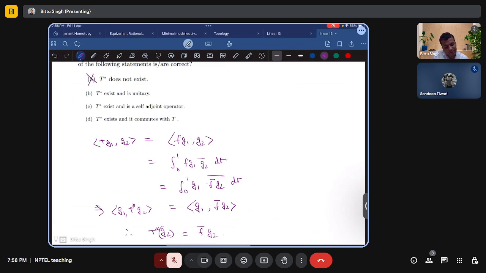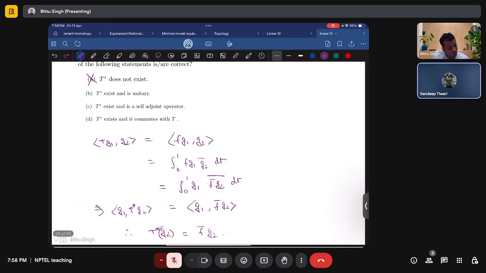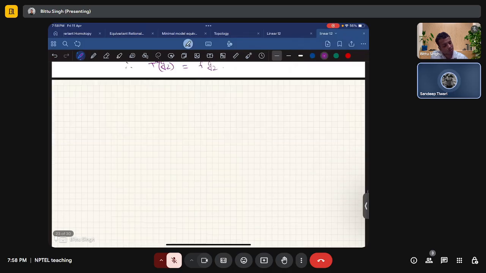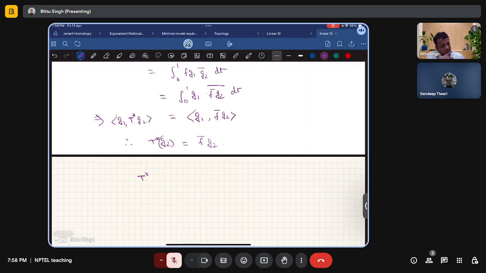Now T star exists. Is T star self-adjoint? Self-adjoint means T is equal to T star, but here we see that there is a conjugate. So T star g is same as f bar times g, but Tg is same as f times g. In general, those two are not same.